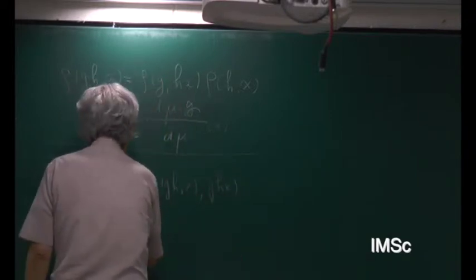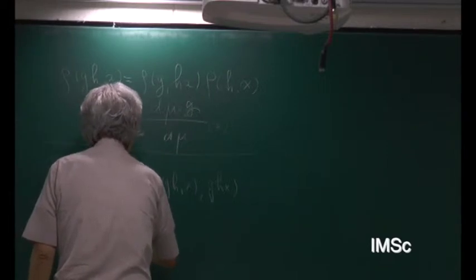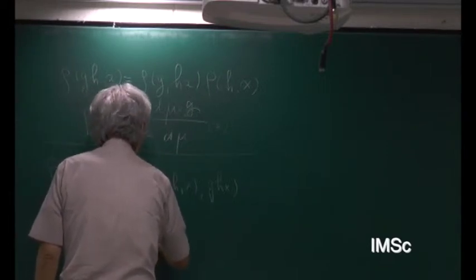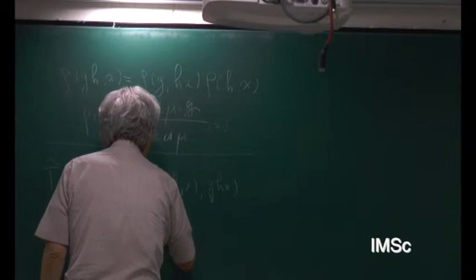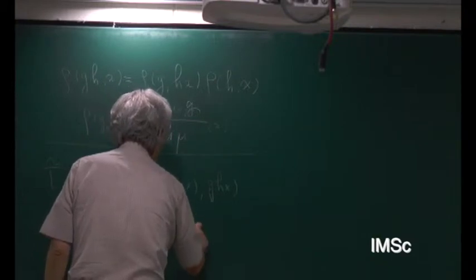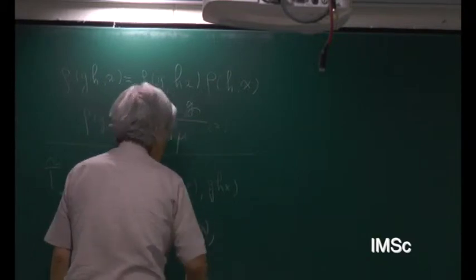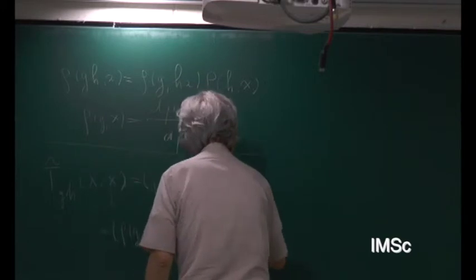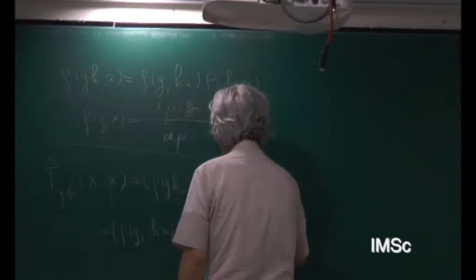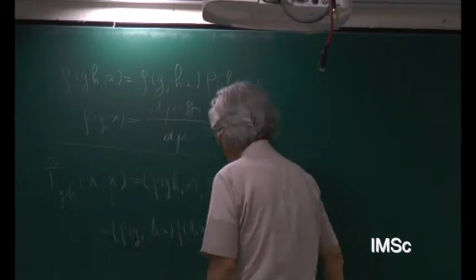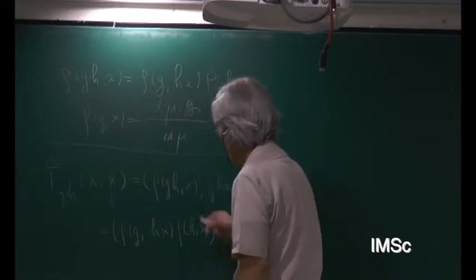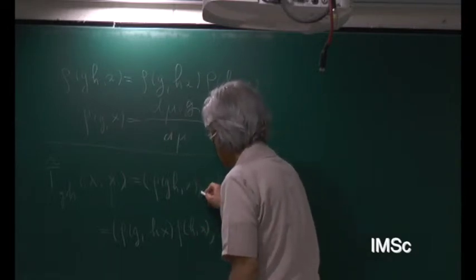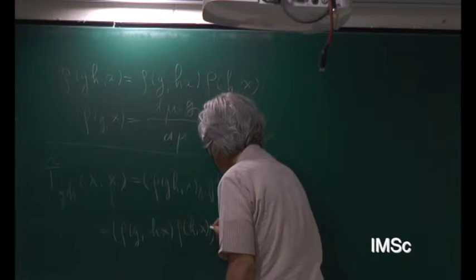Okay, so this is rho g h x times rho h x, and g h x. Here is lambda sitting.